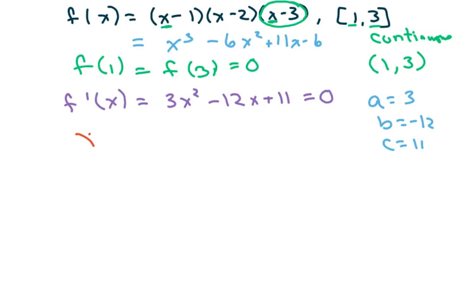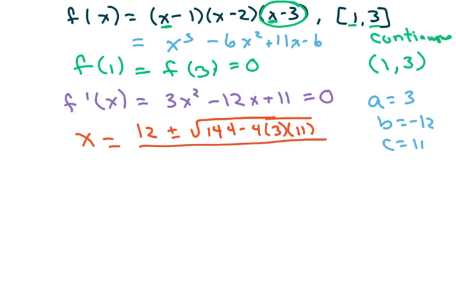So we get x equals negative b, so that's going to be 12 plus or minus the square root of negative 12 squared, which is 144, minus 4ac, all over 2 times 3, which is 6, 2a.